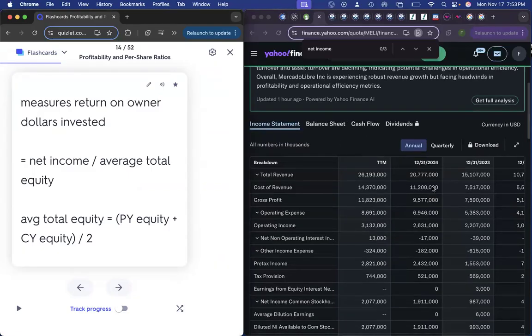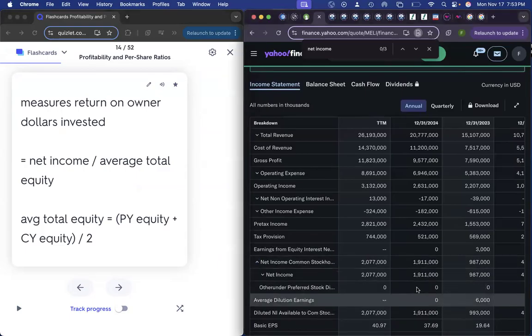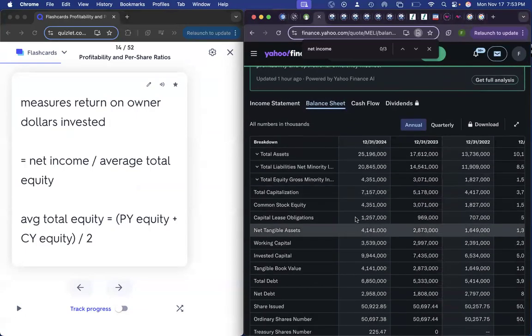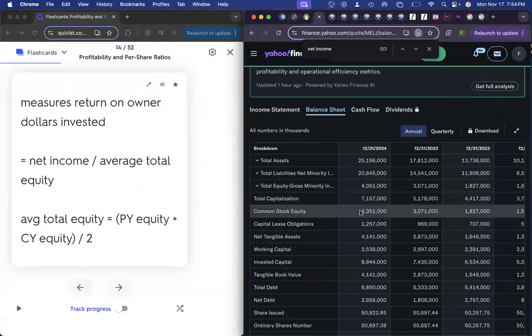So you take the net income, 1.9 million, and you divide it by the equity. We can use 4.35 million plus 3.071 million divided by 2.